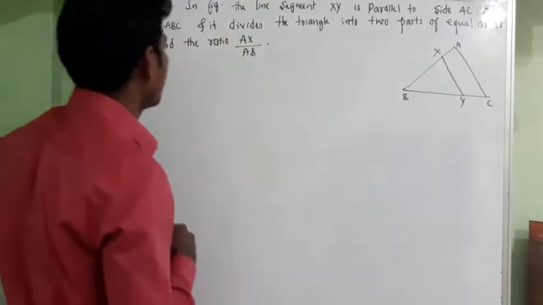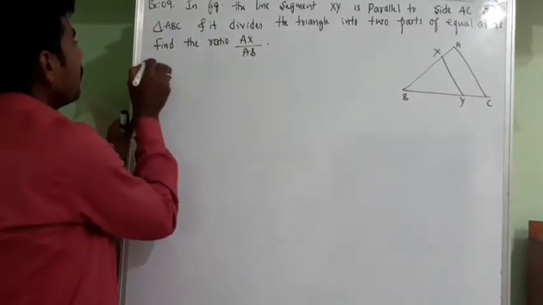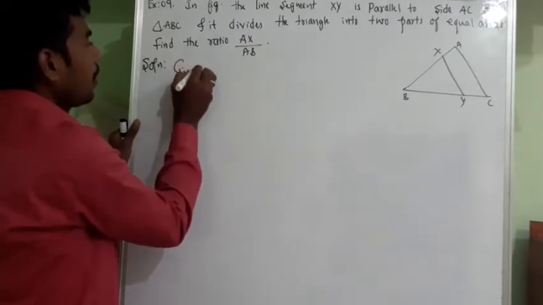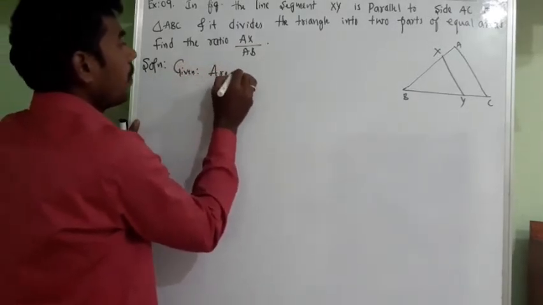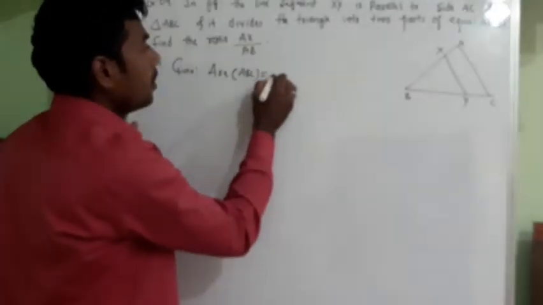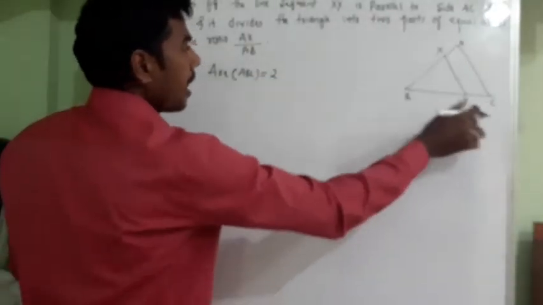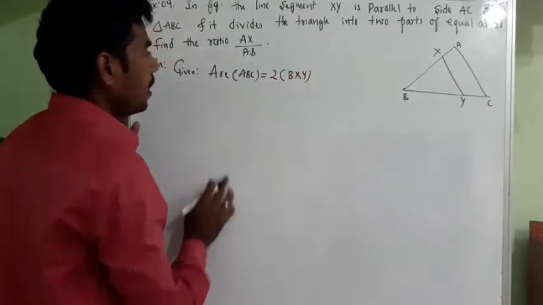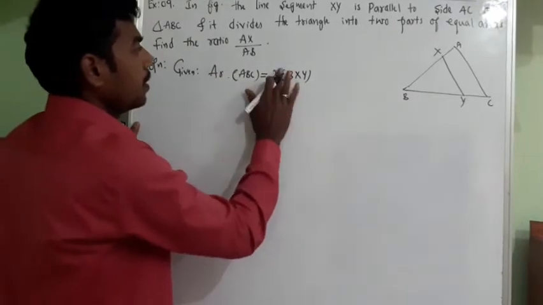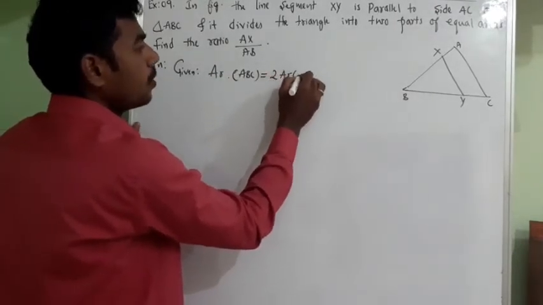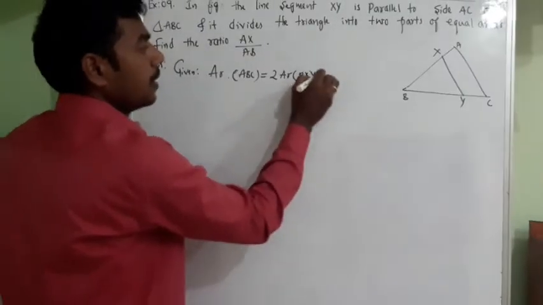See, we'll write down what is given to us. Given: area of triangle ABC is equal to 2 times the area of triangle BXY. What does it mean?